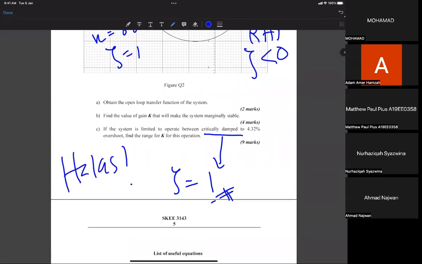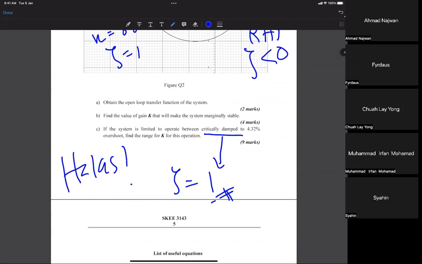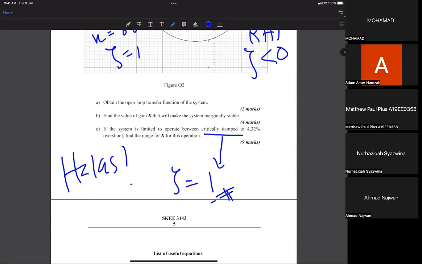12:49. Any question, guys? Chua Lei Yong, any question? No, Doctor. Matthew, any question?